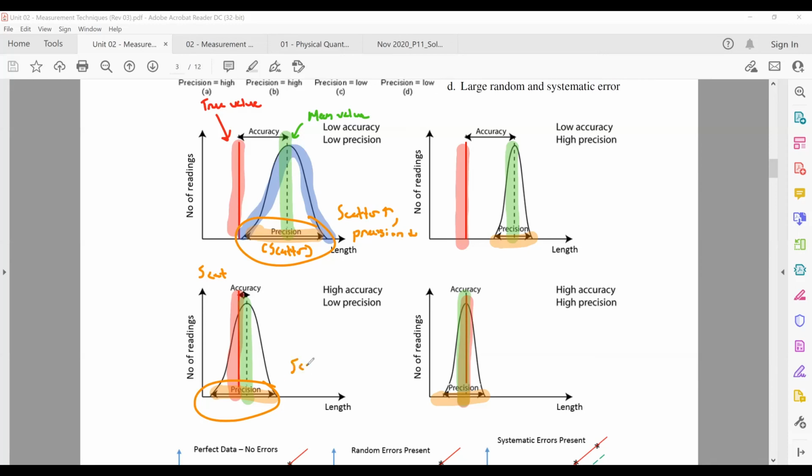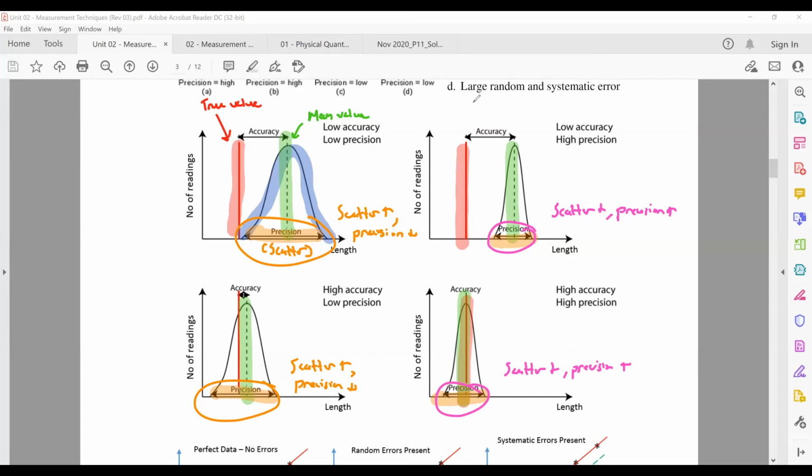Whereas if you look at the figure here and here, your scatter is actually quite low, so your precision is high. This one can also be said the same. Your scatter is low, so your precision is high. Okay, that's how you see your precision here.